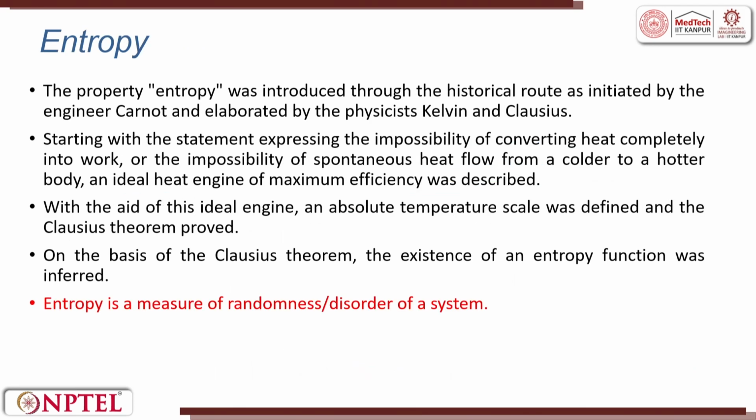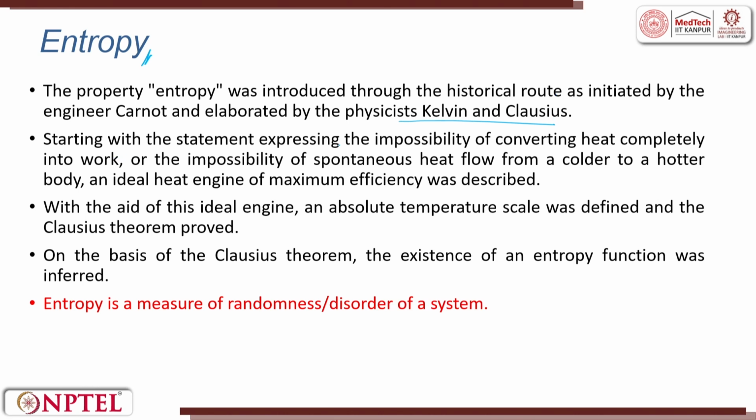The last topic in the second law of thermodynamics is entropy. The property of entropy was introduced through the historical route as initiated by an engineer Carnot and elaborated by the physicists Kelvin and Clausius.